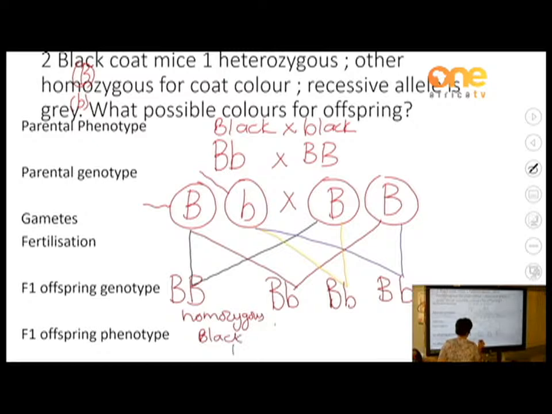And then there are heterozygous black and 3. All of the offspring will be black. But phenotypically, all will be black. But when we look at the genotypes, there can be a homozygous black or heterozygous black.